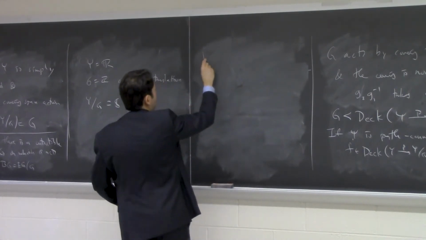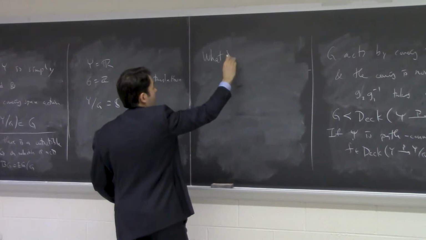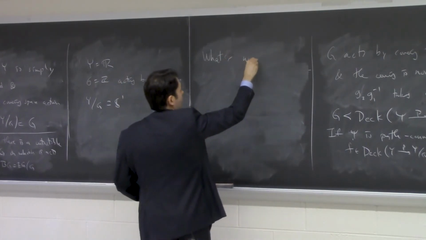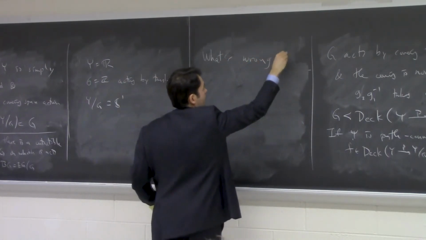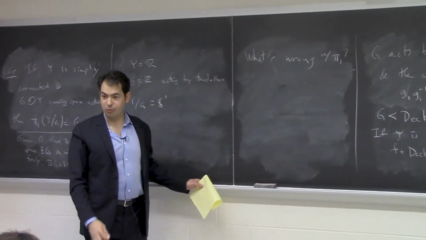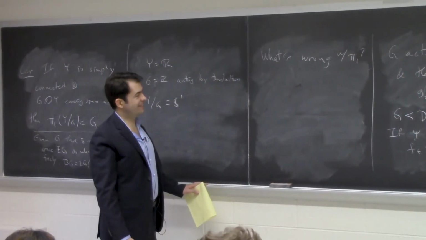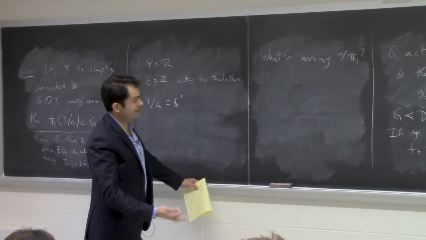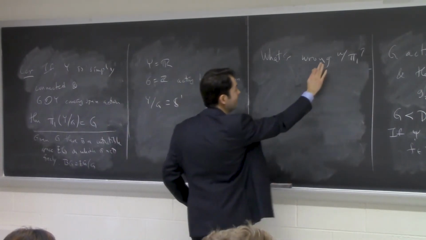So it's worth taking a moment to think about what's wrong with pi 1, right? So why is there a chapter 2? So pi 1 is great. It does its thing very well.